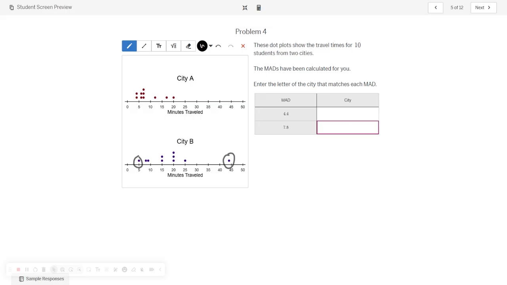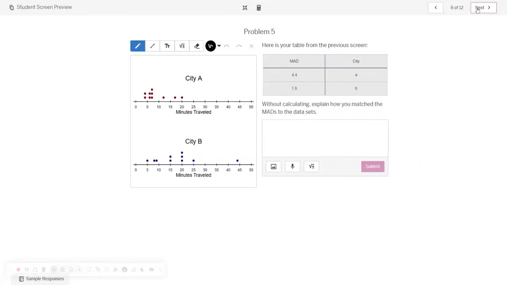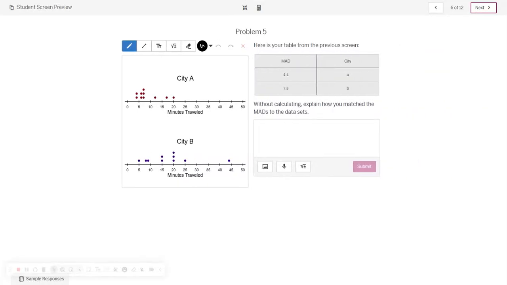And so City B, I think you just want B. And then this one is City A. A is a tighter packed group, more consistent, whereas B is more spread out. Here we go. This is without calculating. Oh, that's exactly what I just said. City A is more compact. B is more spread out.